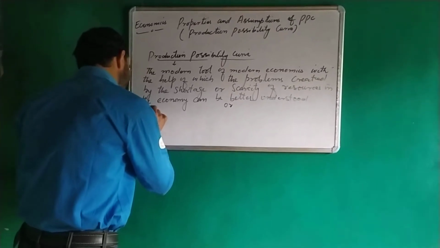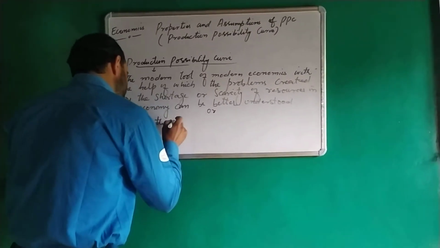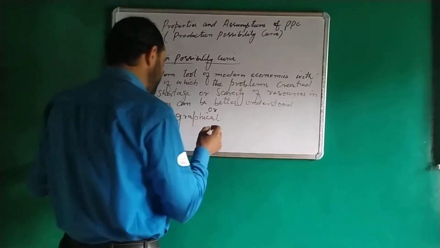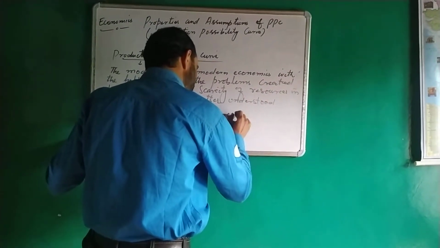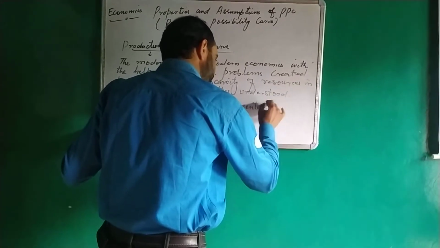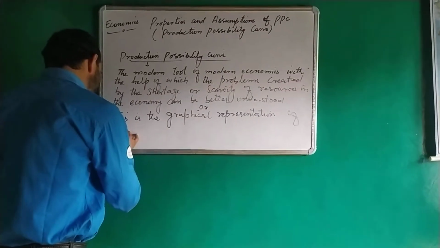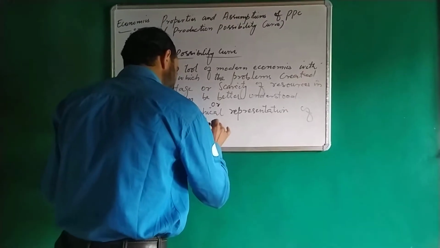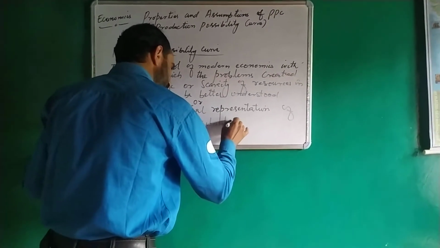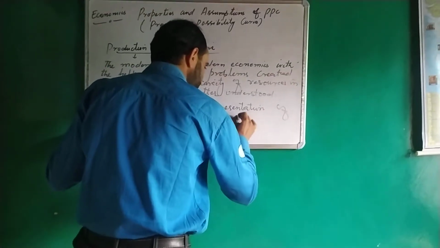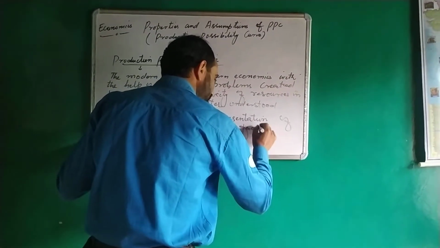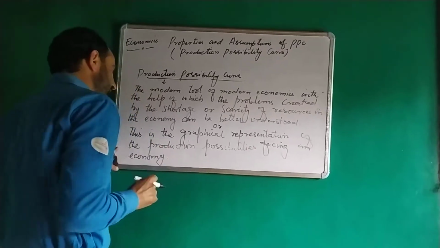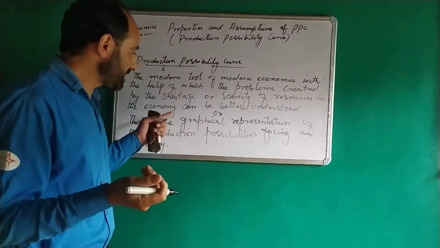This is the graphical representation, that is PPC is the graphical representation of the production possibilities facing an economy.